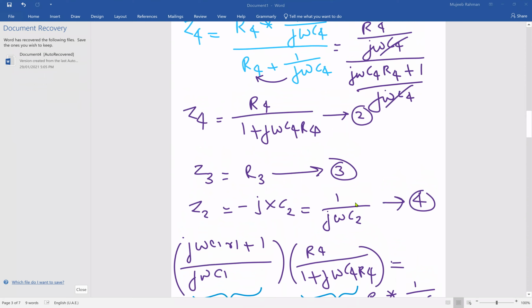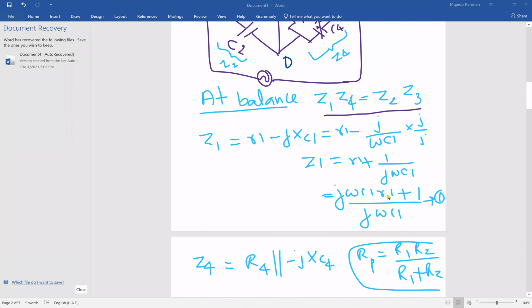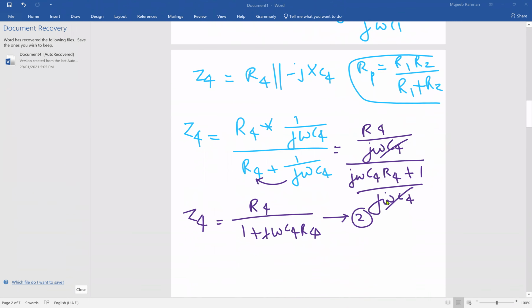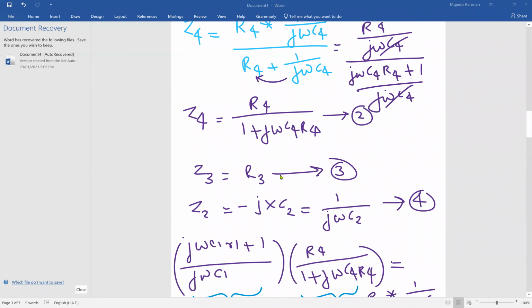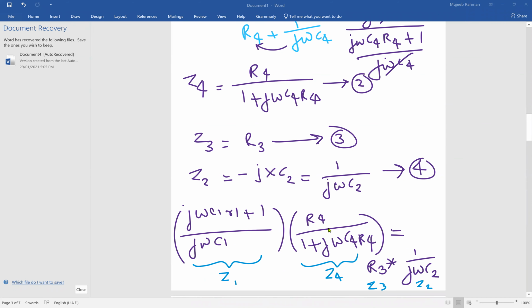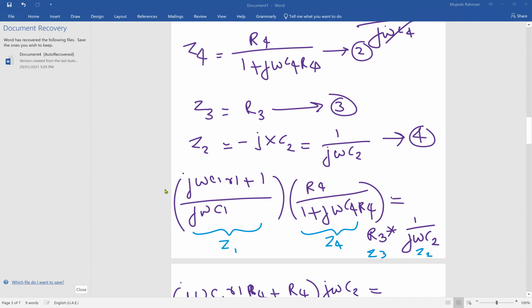So we found Z1 is equal to equation number 1. We substitute for Z1, and Z4 we got as R4 divided by 1 plus j omega C4 R4, and Z2 is only a capacitor, which is 1 by j omega C2, and Z3 is R3. So if we substitute these four equations, Z1, Z4, Z2, Z3, we'll find the balance condition like this. This equation needs to be simplified further.